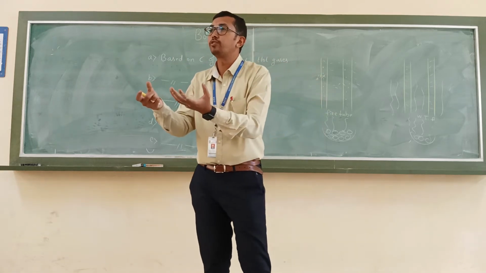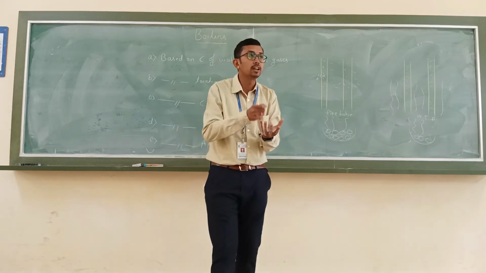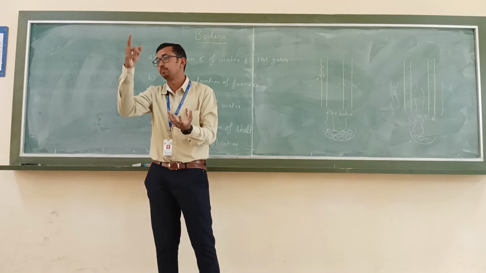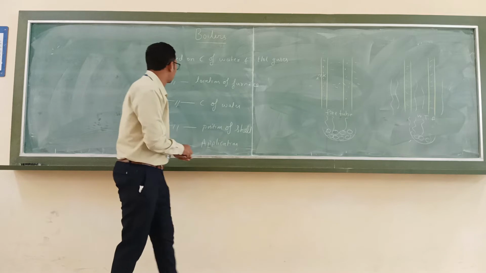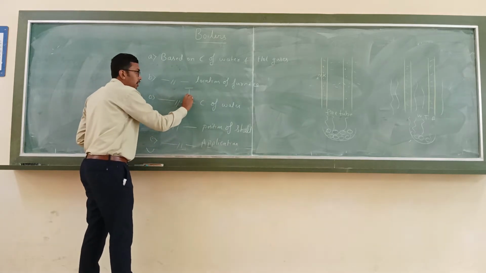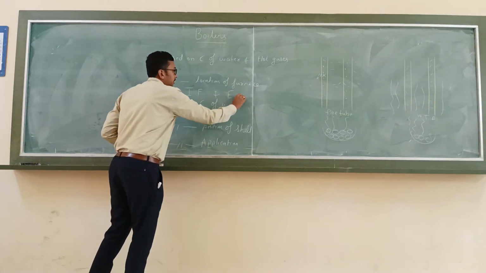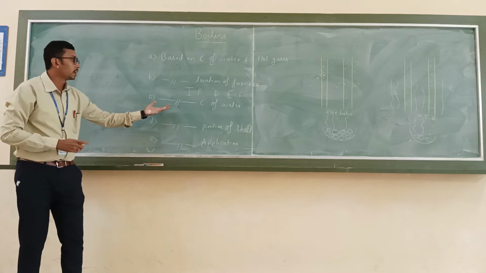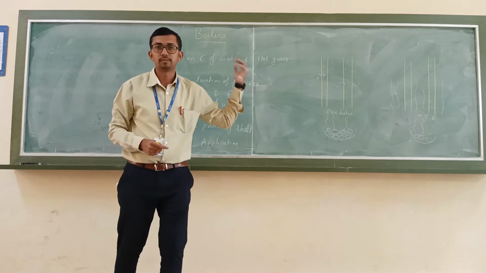If the combustion of fuel takes place inside the boiler drum, then it is called internally fired boilers. Is it clear? So based on the location of furnace, we have internally fired and externally fired. Now, the next classification is based on circulation of water.